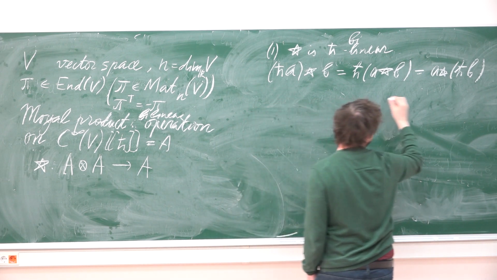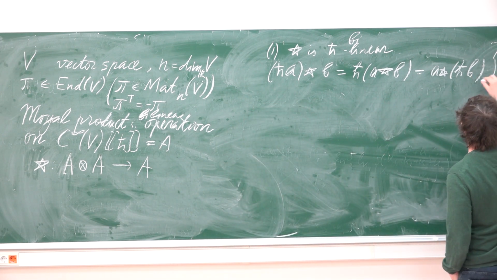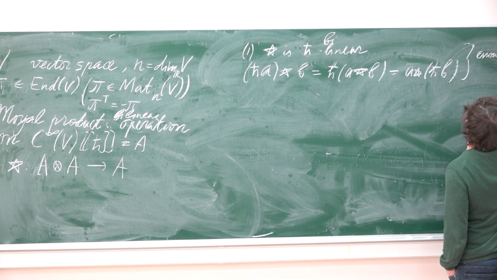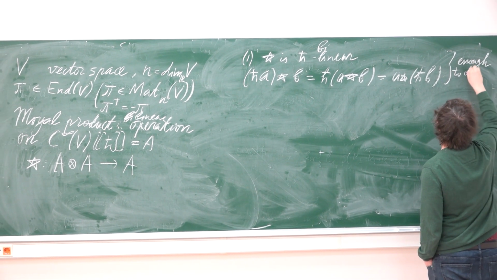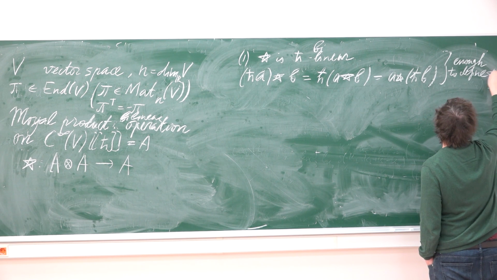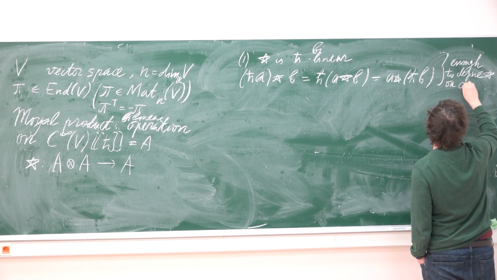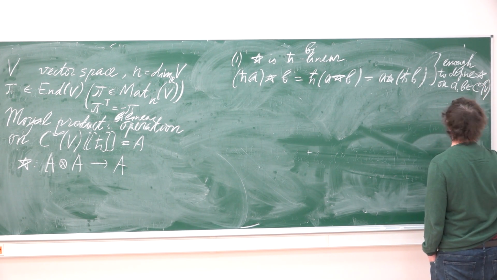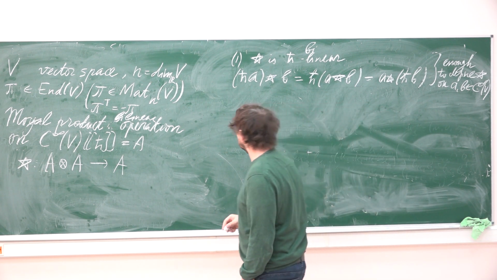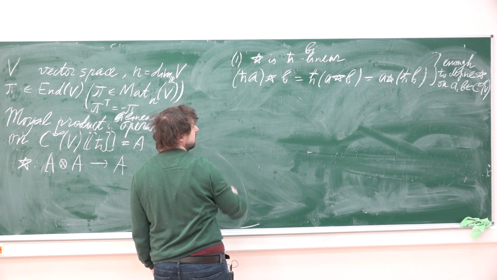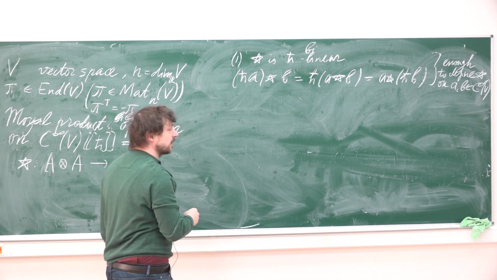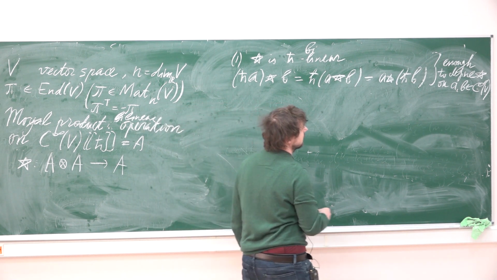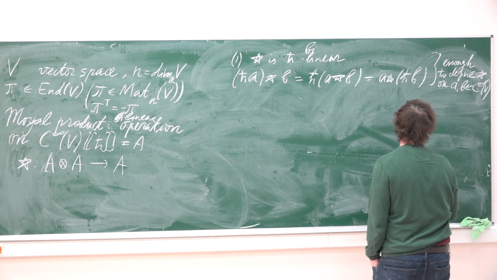In particular, an immediate corollary of this is that it is enough to define this operation on A and B in the algebra of functions on V, since using this property and also the additivity of this product, we can extend this operation to anything.